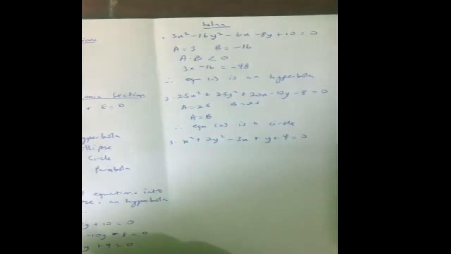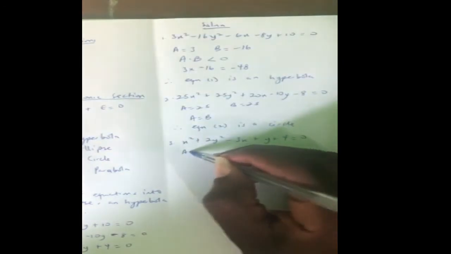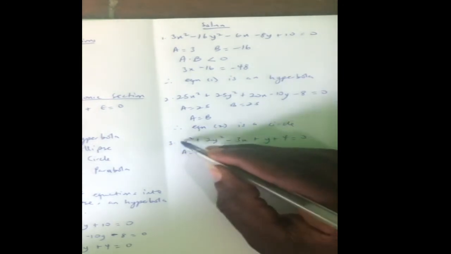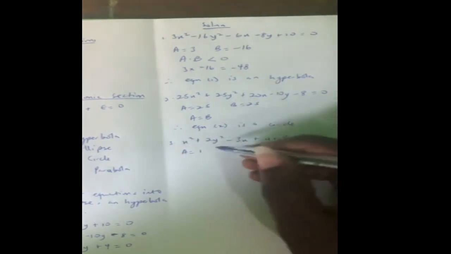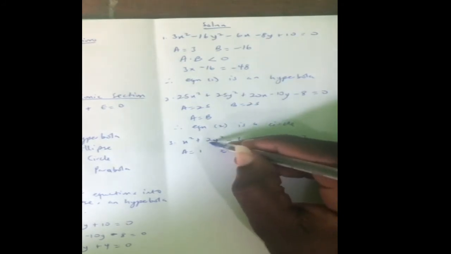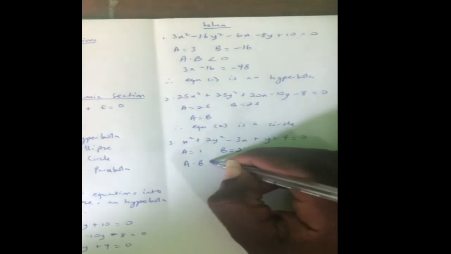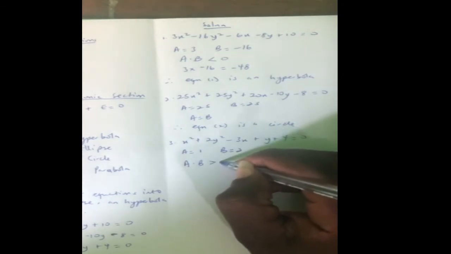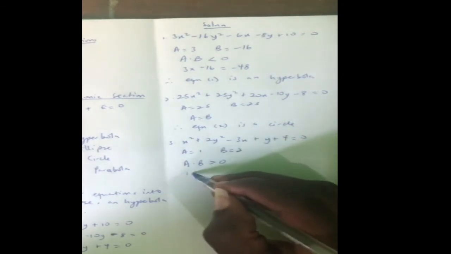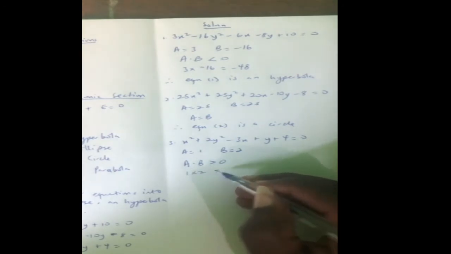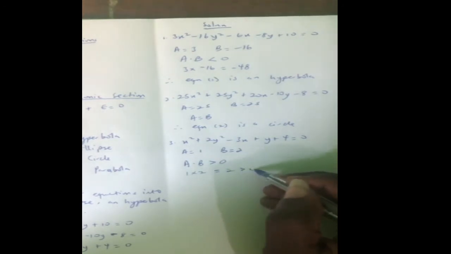Then the third one will be x squared plus 2y squared minus 3x plus y plus 4 is equal to 0. So now our a is 1, because the coefficient of x squared is 1 here. Then our b is 2 because the coefficient of y squared is 2 here. So if we multiply a and b, we get a number that is greater than 0, because we have 1 times 2, which is 2, and 2 is greater than 0.